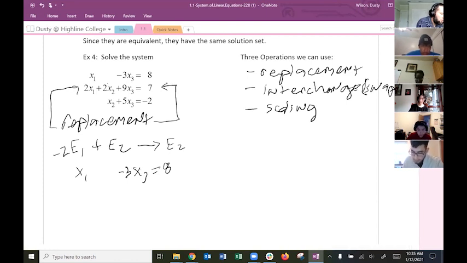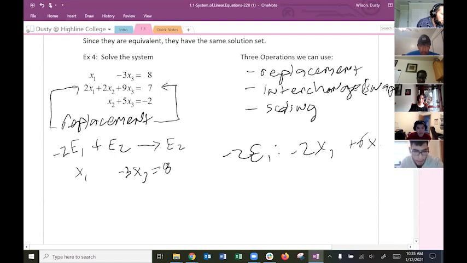Let's write it all out just for the sake of seeing it once. So -2 E1 would be -2x1 plus 6x3 equals -16.